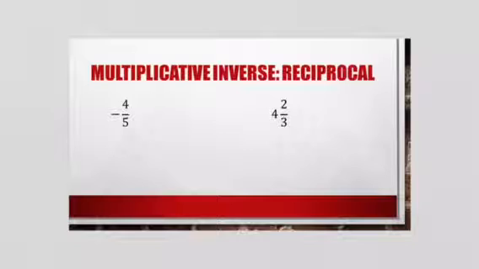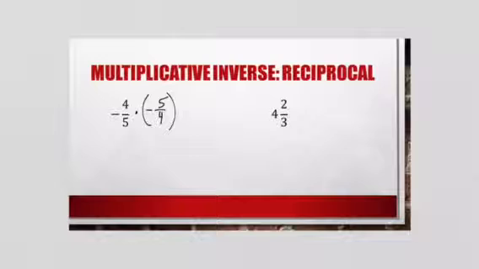Now let's look at the multiplicative inverse. So it's kind of like an opposite, but not really opposite. It's the reciprocal. So what do we do with negative 4/5 if we want its reciprocal? Well, we're going to multiply it by negative 5/4. Our goal is to get an answer of 1.